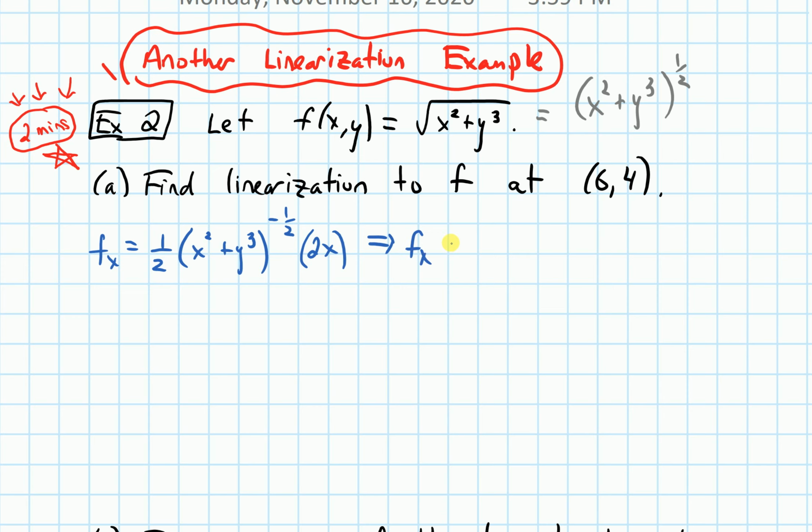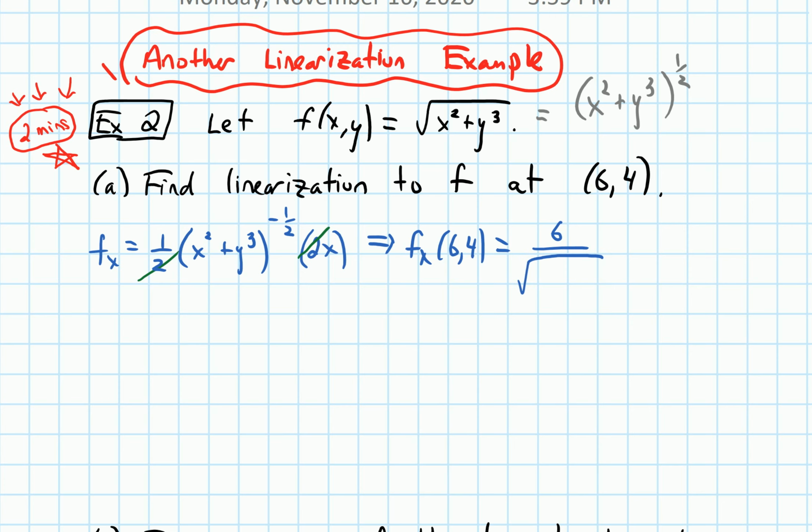Now let's plug in our known point. So my x partial derivative evaluated at 6 comma 4. I notice that the 2's are going to cancel. After that, when I plug in 6 comma 4, 6 will get plugged in for the x, and that'll be in the numerator. On the denominator, when I bring the negative 1/2 down, it'll become a positive 1/2 power, which will become a square root in the denominator.